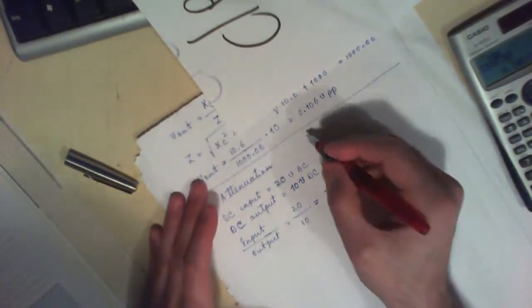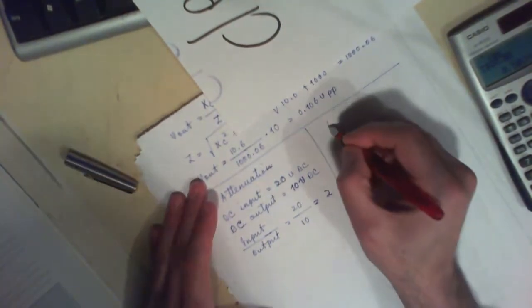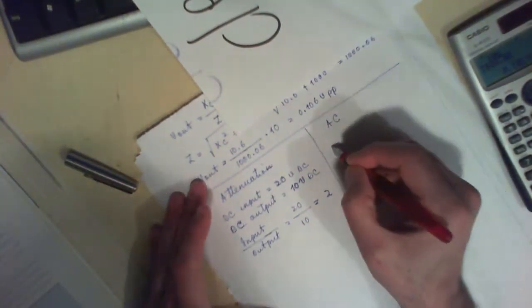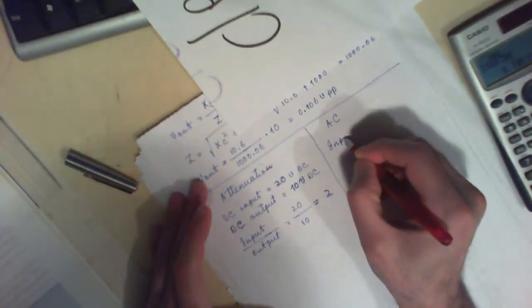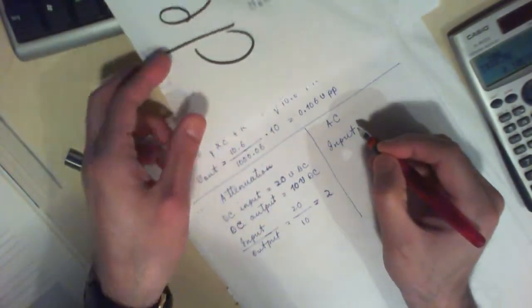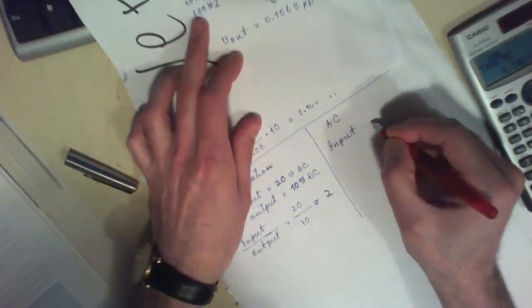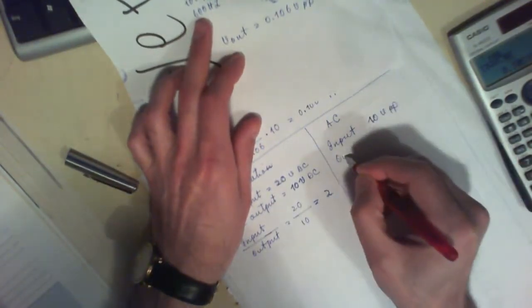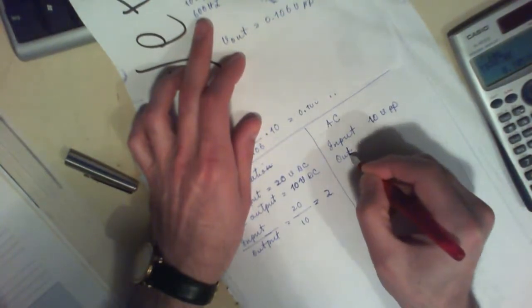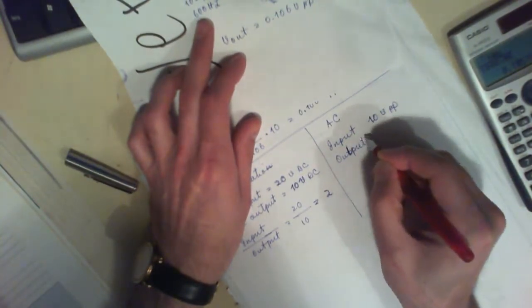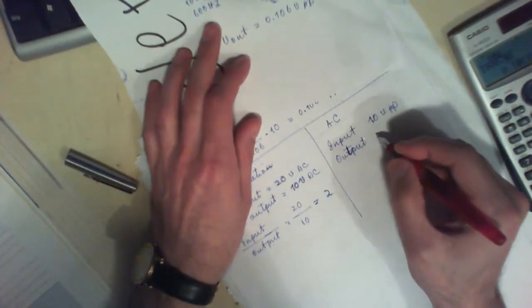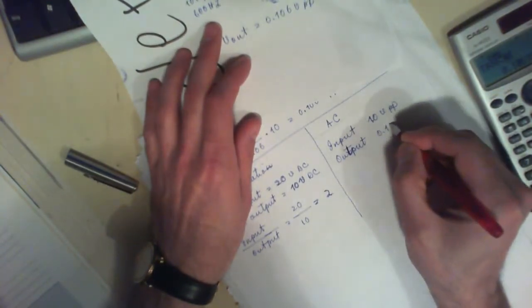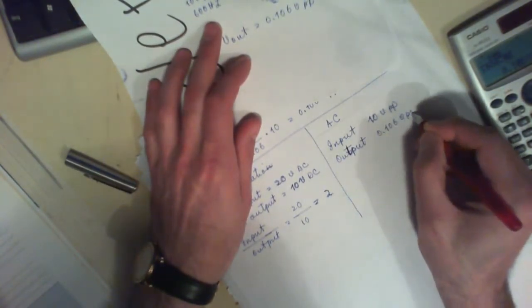And then about the AC part, your input was 10 volts peak to peak. Your output was 0.106 volts peak to peak.